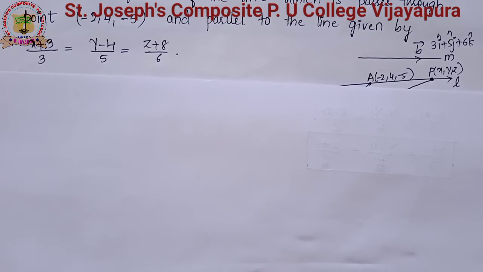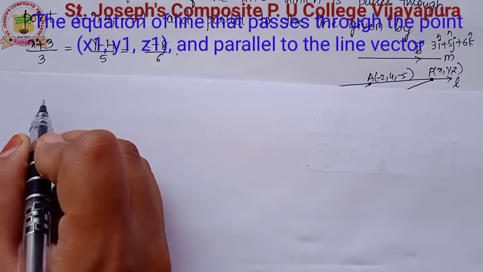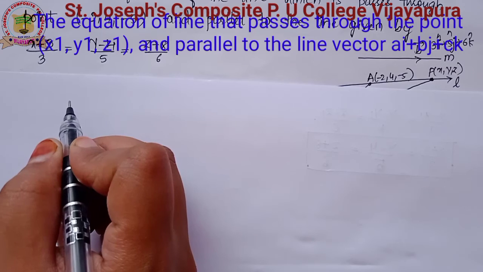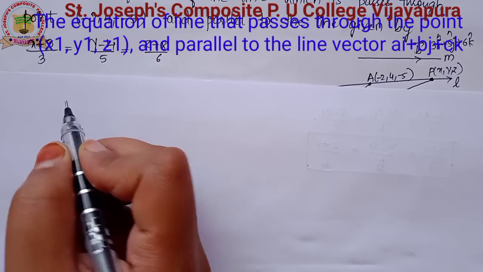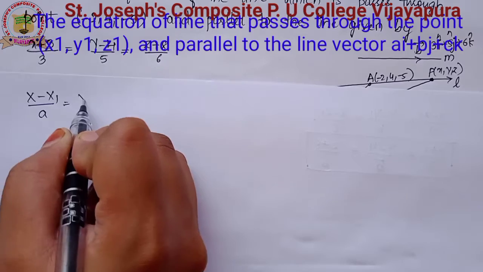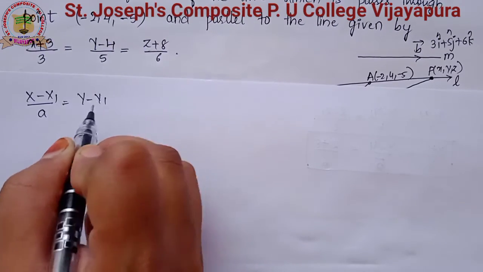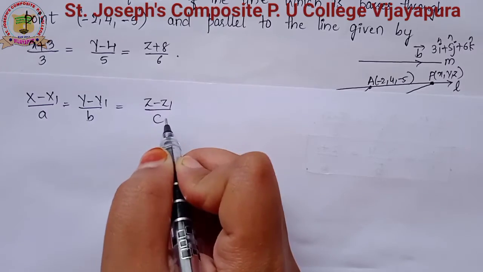The equation of the line which is passing through the point (x1, y1, z1) and parallel to the vector ai plus bj plus ck is given by (x minus x1) by a is equal to (y minus y1) by b is equal to (z minus z1) by c.